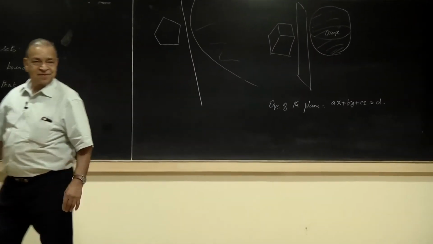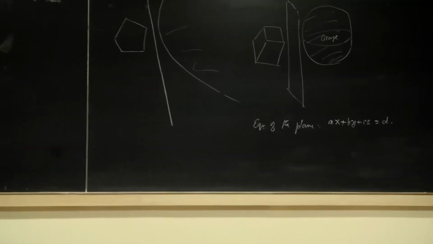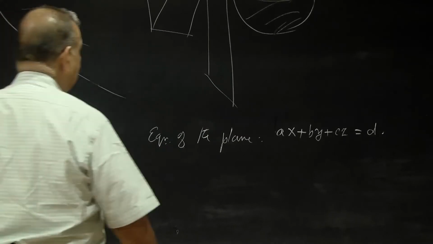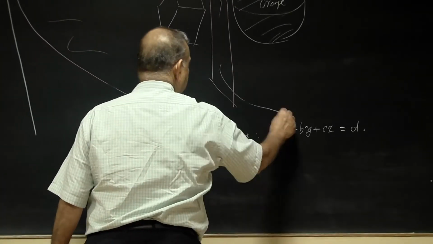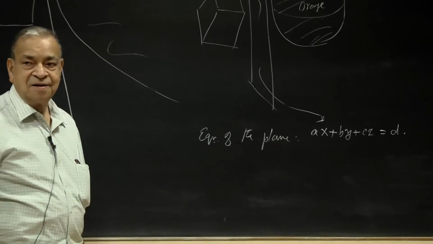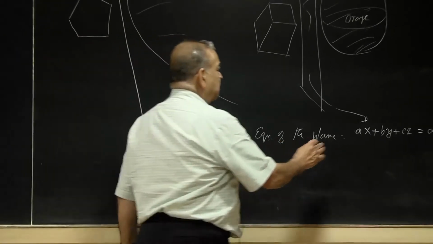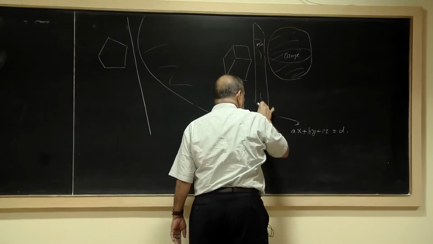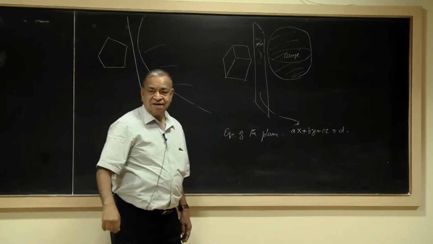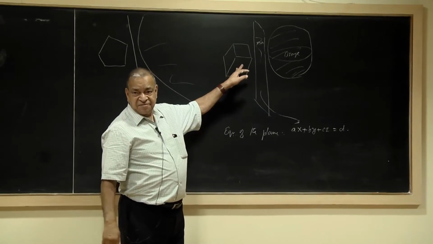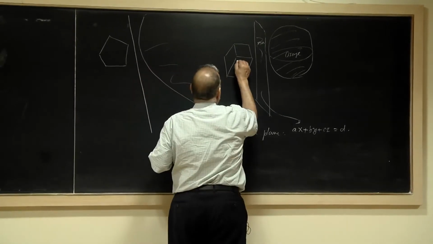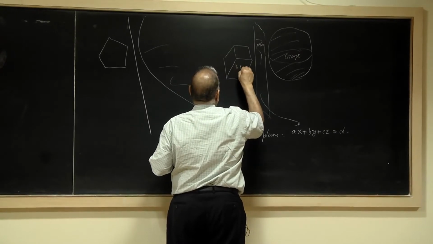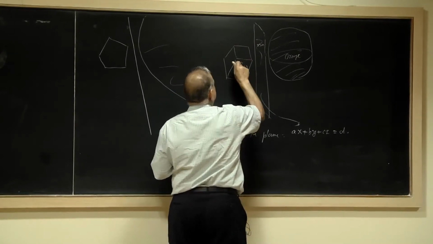This is a typical equation of the plane. Now, suppose this is that plane. Any point x, y, z in this plane will satisfy this. Here it won't satisfy. Suppose I chose a point, say 3, 9, 4. This is a point in this one, suppose.